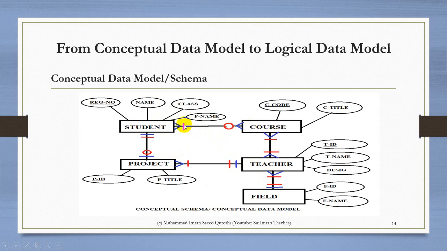So that means I'm going to have 5 tables, 1, 2, 3, 4, 5. The student table will contain these 4 columns. The course table will contain these 2 columns, and similarly other tables will contain their own columns. So let's check how it looks if I convert this conceptual model into a relational model.